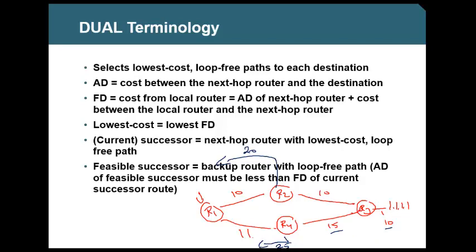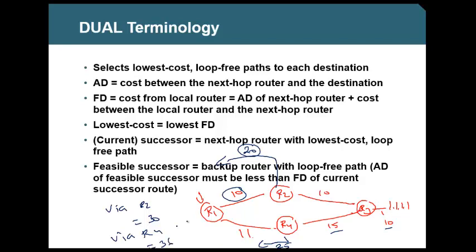So what is the total distance via R2? It is going to be this 10 plus the advertised distance, which is equal to 30. Via router 4, it's going to be 25 plus 11, 36.